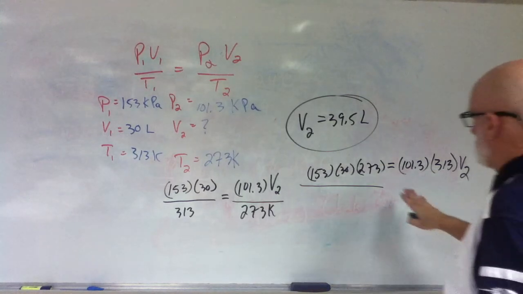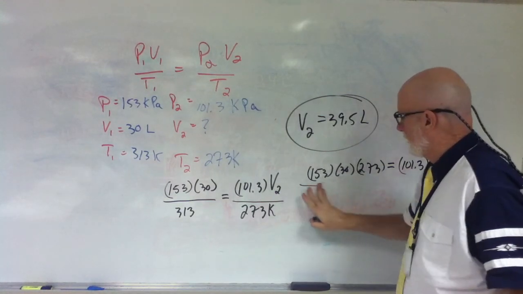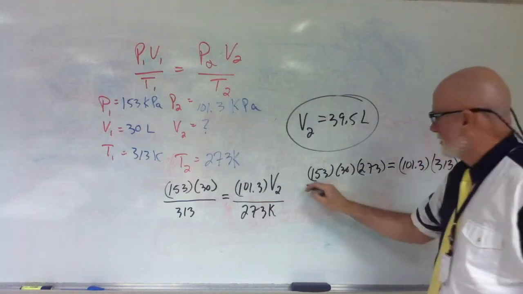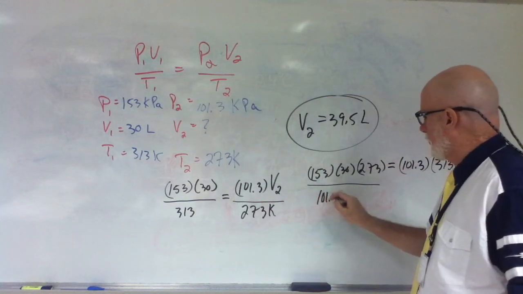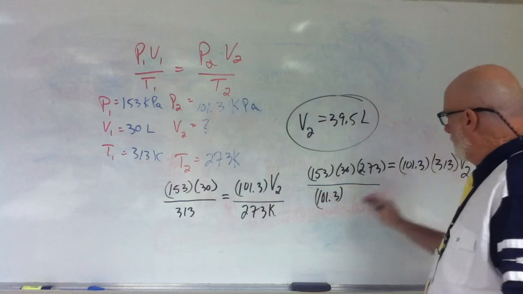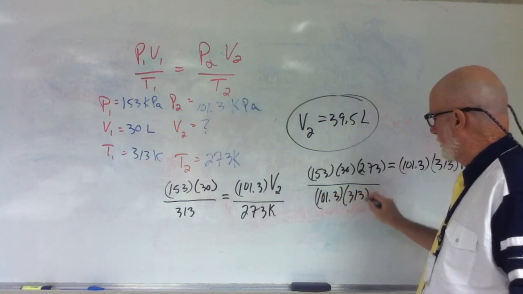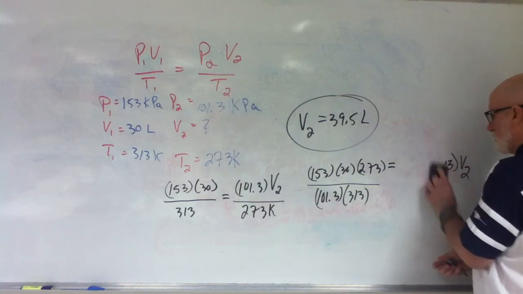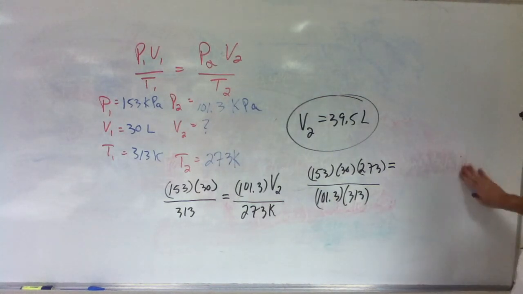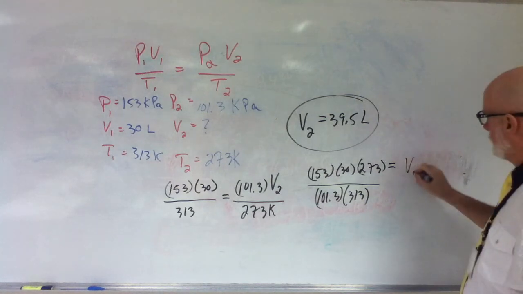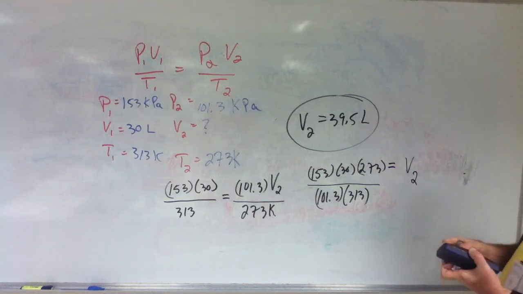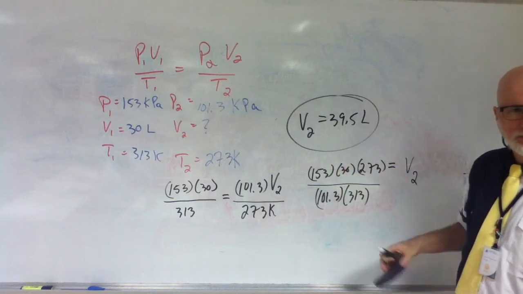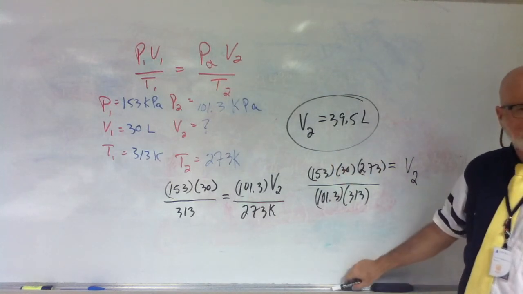And then I said, I'm going to divide by this, 101.3, 313. And then I'm going to get rid of this. And this is V2, and that equals this. Clear? You get it? All right.